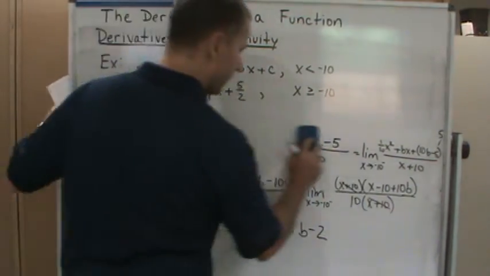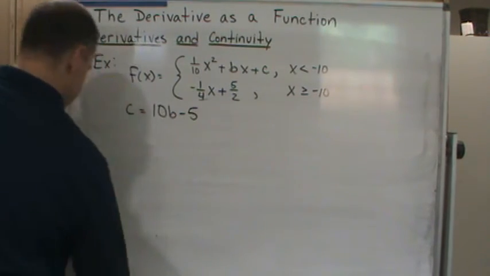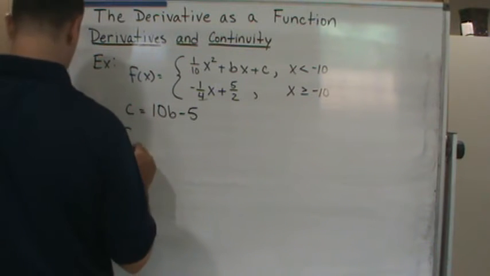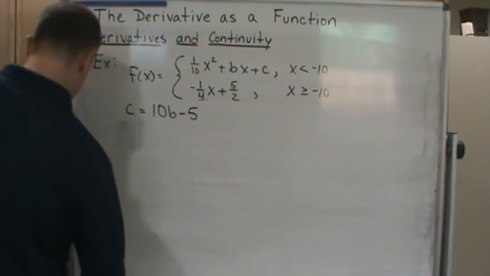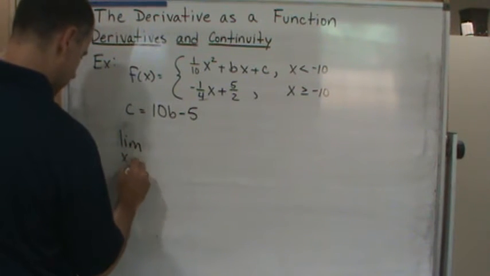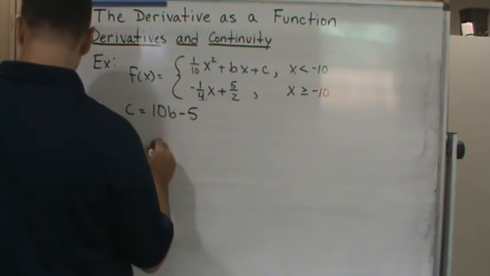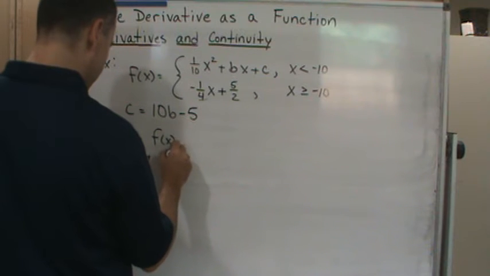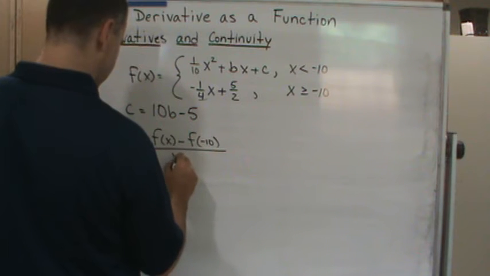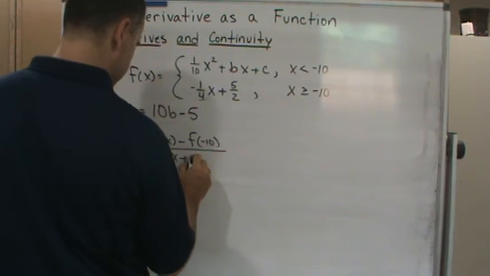Okay, so now let's do the right side and see what we get. So we're going to do the limit as x approaches negative 10 from the right, which means we're going to use this one. So again, it's going to be f of x minus f of negative 10 over x plus 10.